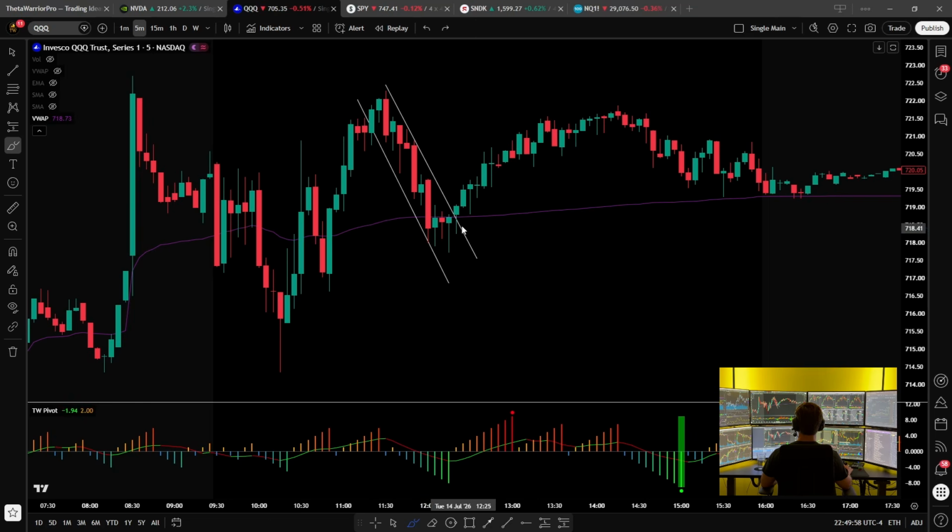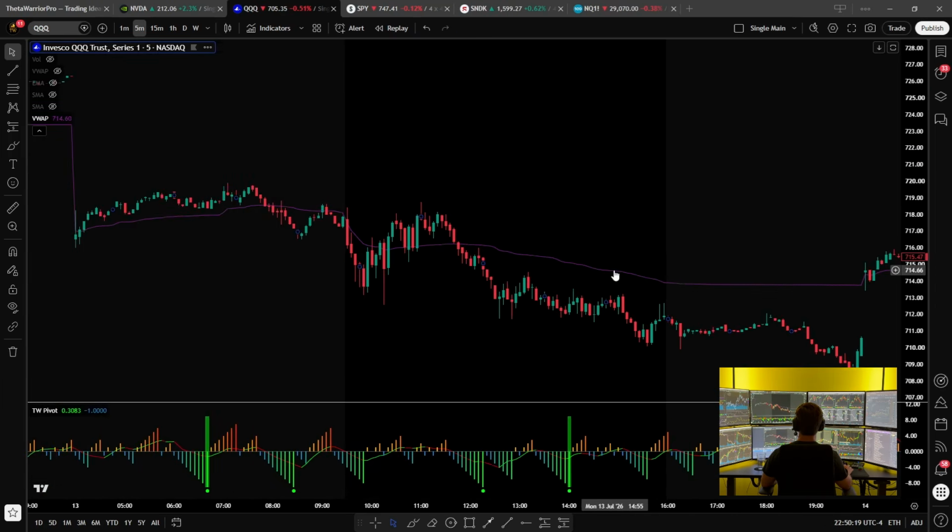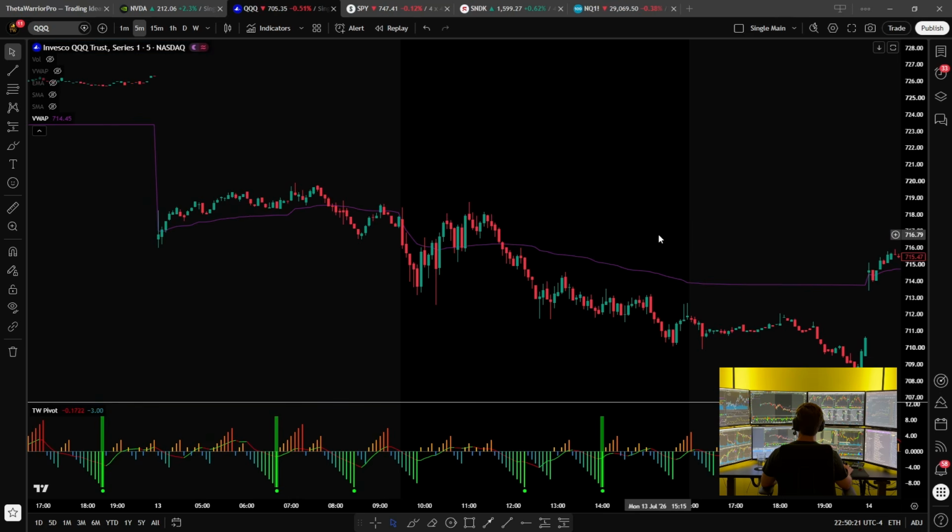Sometimes the market will do things like this, try and fake you out like it's going to go lower, when in reality, it's setting up to just rip. It works both ways. I've seen so many situations where the market fakes to the upside and then it breaks down. They fake it to the downside, then it rips up. It's just endless.